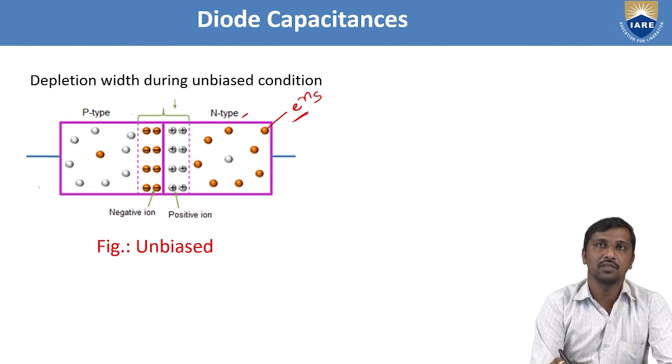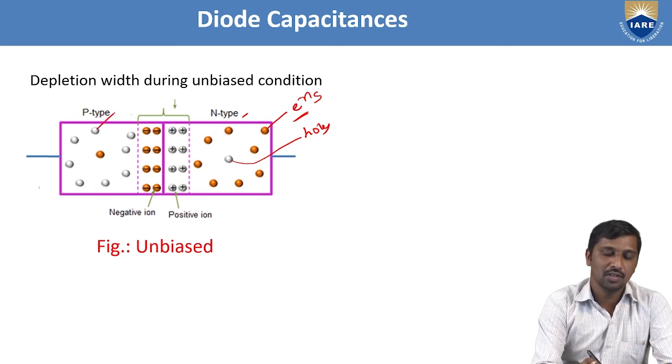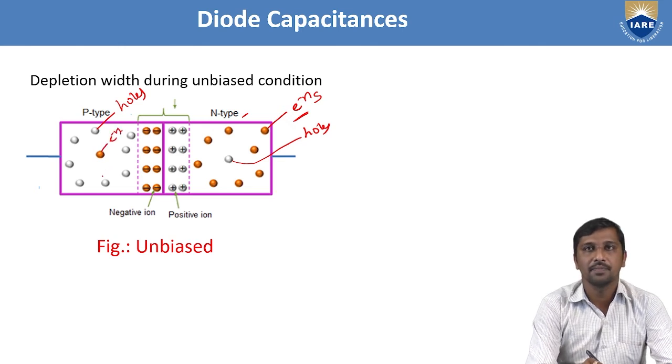So these are the electrons here, and the minority charge carriers are holes. This white color representation is holes, and this orange color indication is for electrons. Similarly, on the p-type side, the majority charge carriers are holes and the minority charge carriers are electrons.